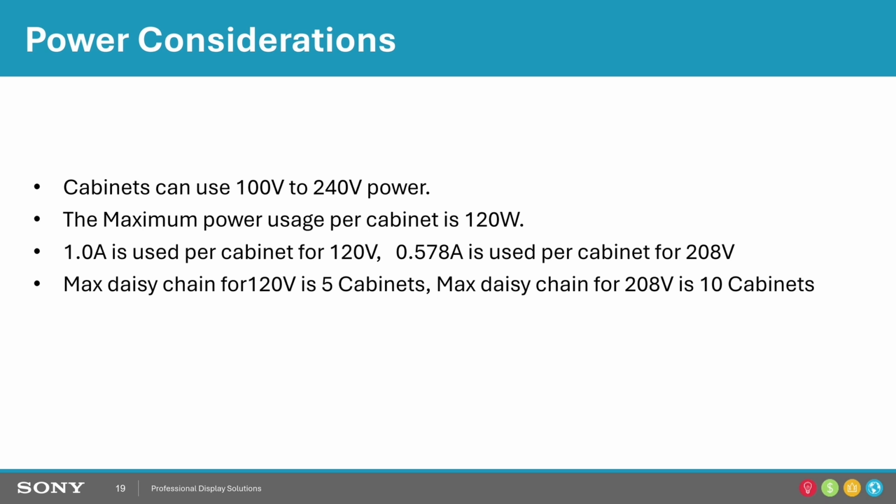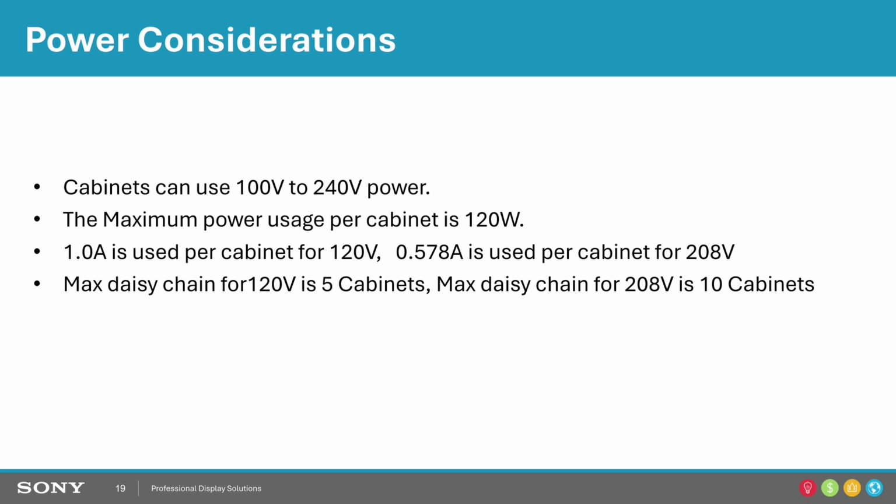As Chris mentioned earlier too, we've got those universal power supplies, so you can run anything from 100 to 240. Most of the time we see, here in the US, 120 and 208. Some information there to do your math as far as how much power you would need. It's 120 watts per cabinet.